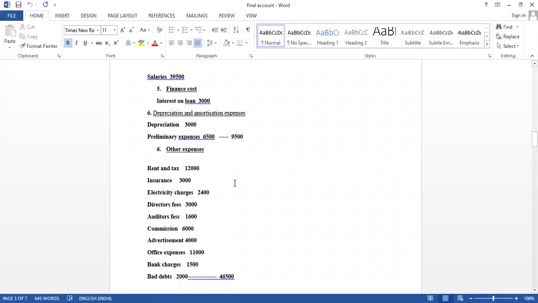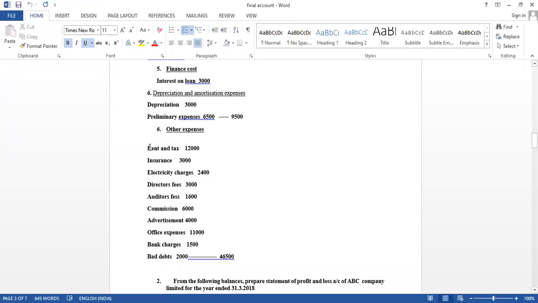And other expenses. The seventh one is other expenses, note number 7.